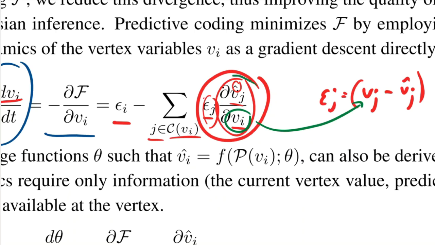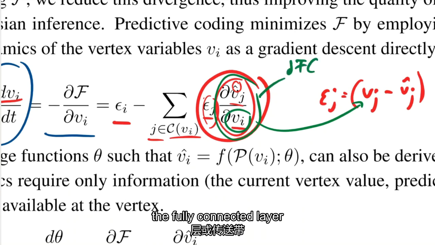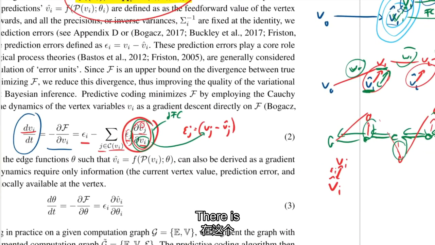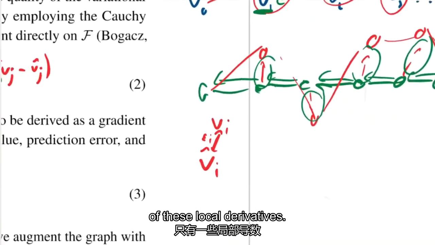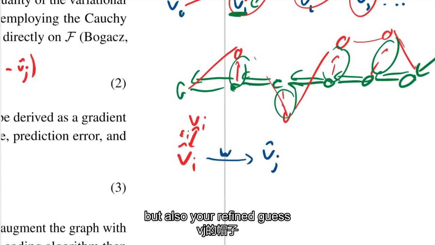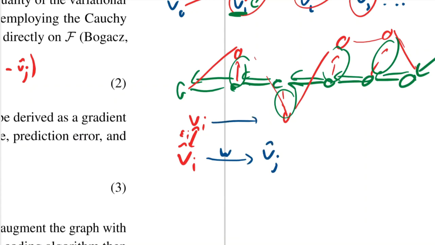Okay, so this derivative right here is going to involve the derivative of whatever, the fully connected layer or the conv layer and so on. So there are no global derivatives in this algorithm, but there are only these local derivatives. So Ei is going to be the difference here, and then we'll have the fully connected layer using W gives you Vj hat, but also your refined guess gives you Vj, and the error j is going to be this thing right here.